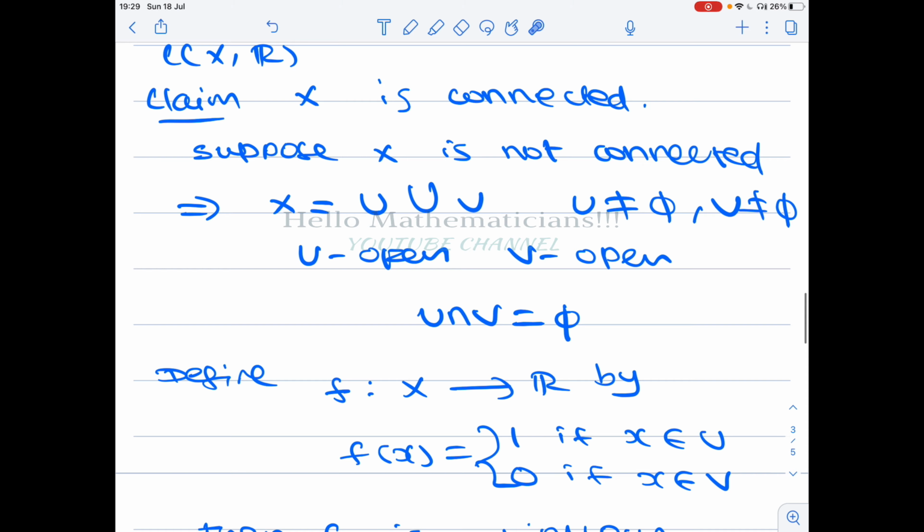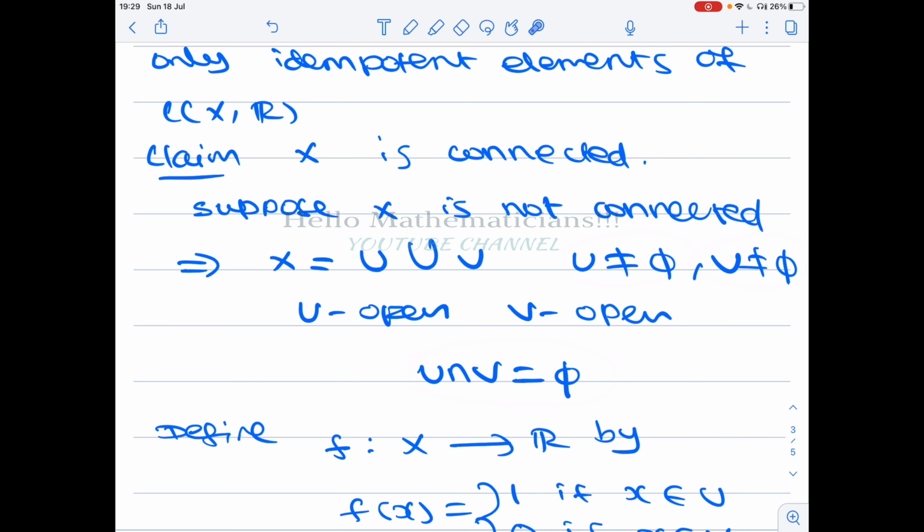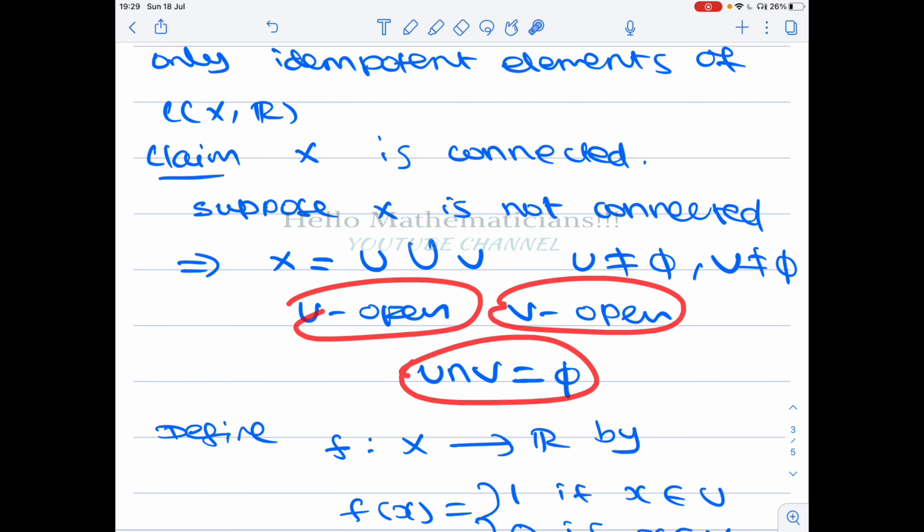Suppose X is not connected. X is not connected means X can be written as a union of two non-empty open sets and their intersection is empty. This is called a separation. If X is not connected, then there will be a separation.